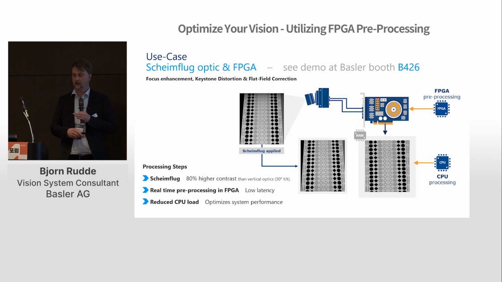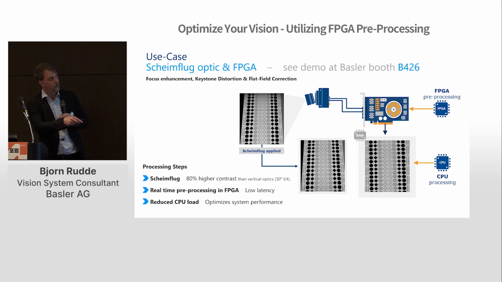So the next use case is the Scheimpflug optic in an FPGA. So you see that under perspective, it's looking in there. Our optics already deliver a very good image, but then you need to do a distortion correction or the perspective correction together with a flat field correction to get a proper image representation. So here you have the FPGA.